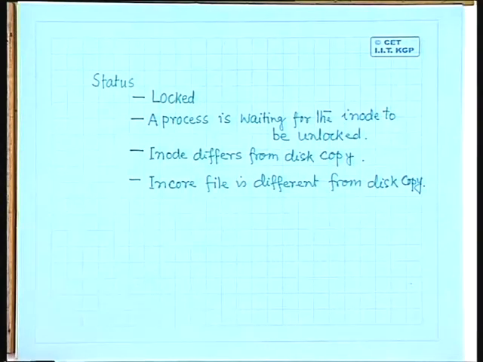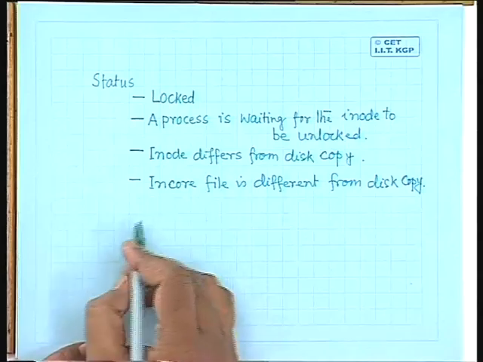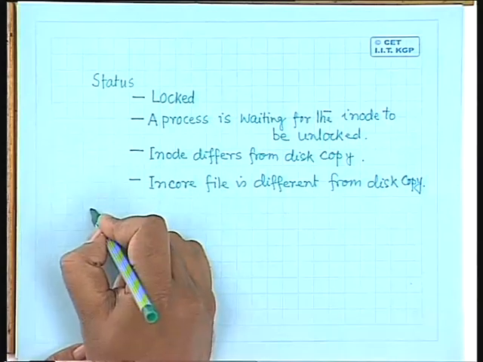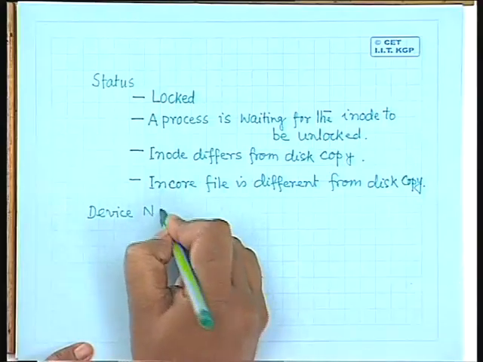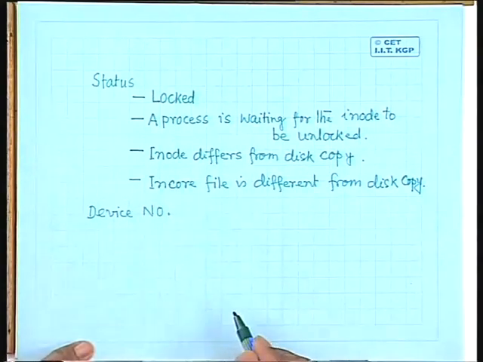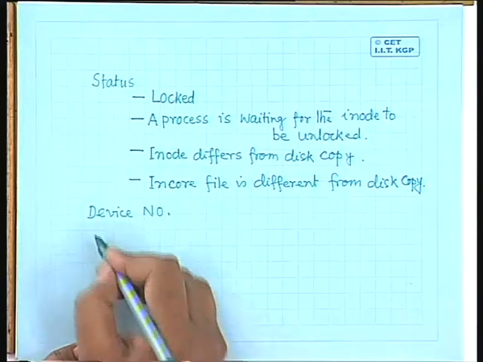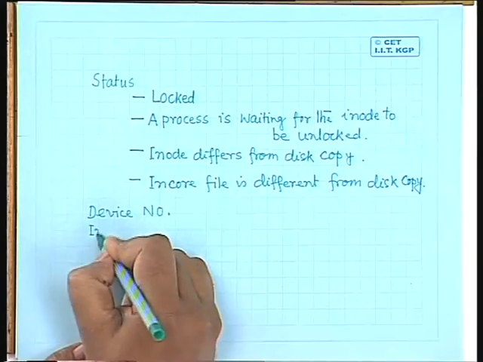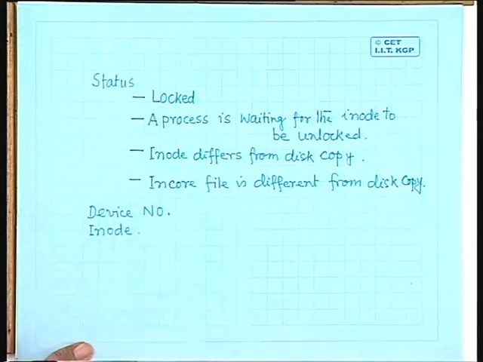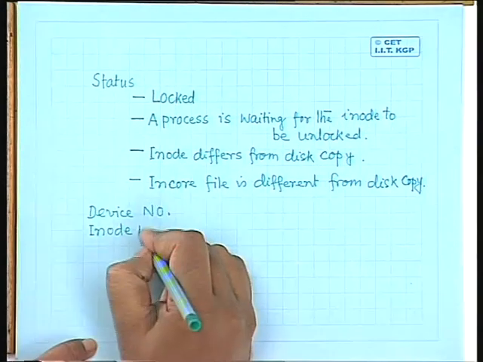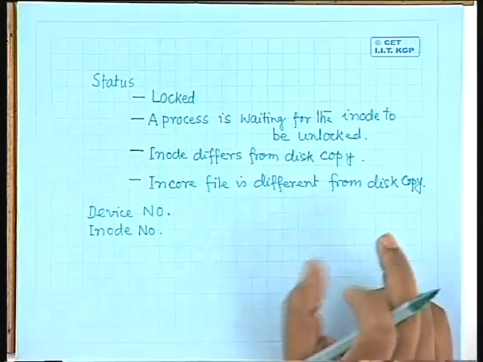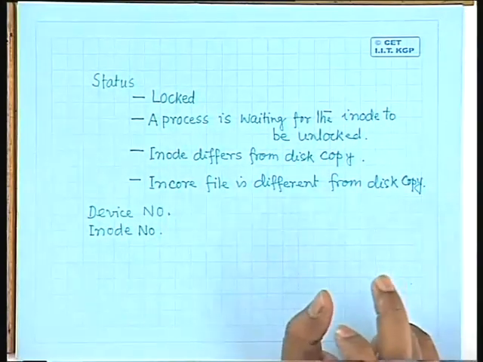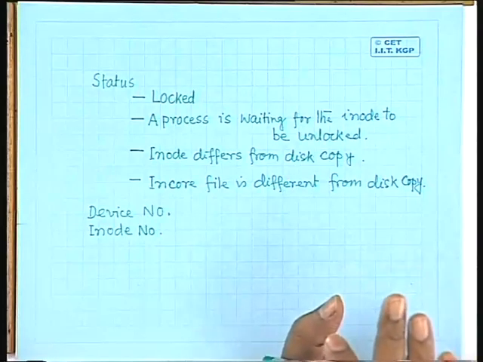So these are the various informations that you have to maintain in the status field of the in-core copy of the inode. Then obviously the other informations will be the device number that contains the file that we are interested in. Then the inode number itself. You find that in case of the disk copy of the inode, we didn't need this inode number, because in that case the position of the data structure in the inode blocks tells you the number of the inode.